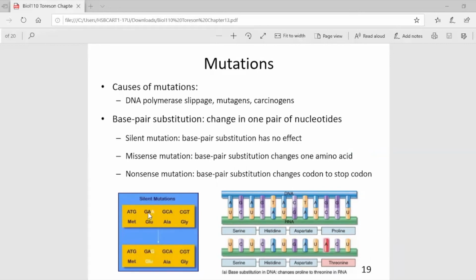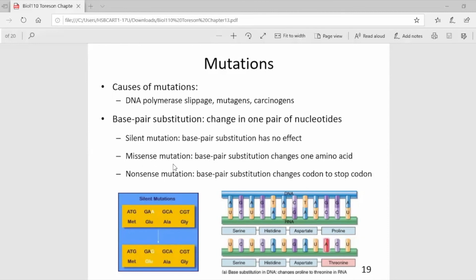We see that the sequence of nucleotides was supposed to be GAA to encode the amino acid glutamic acid, but there has been a mutation to GAG. However, because of that redundancy in the codon system, we end up with the same amino acid. So there is no change in the sequence of amino acids, and therefore we will still end up with the same functional protein.